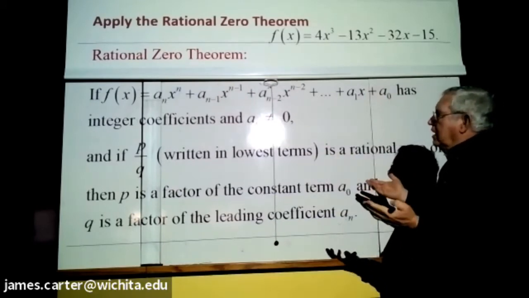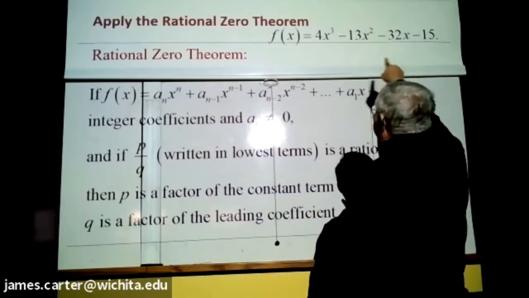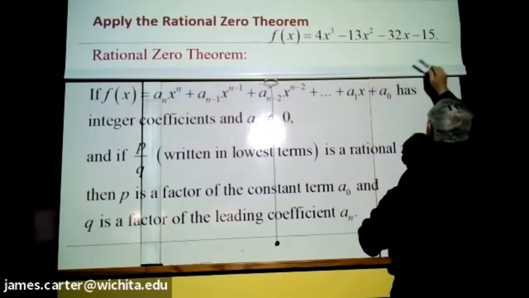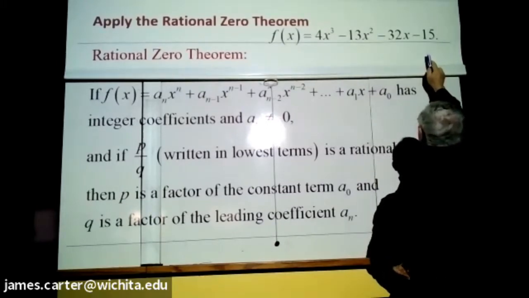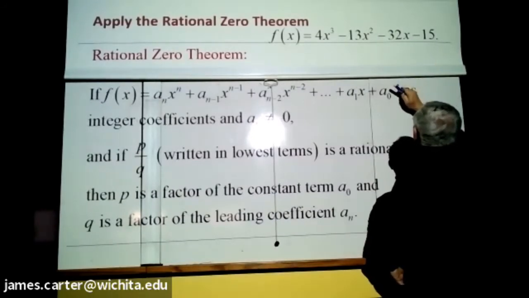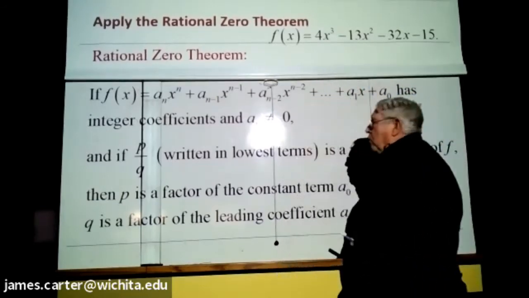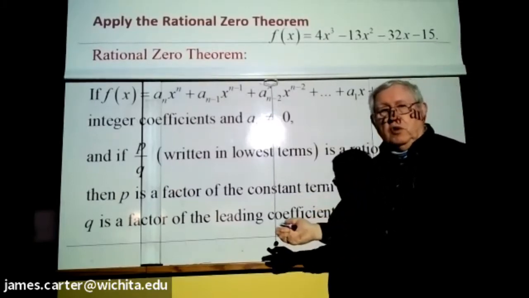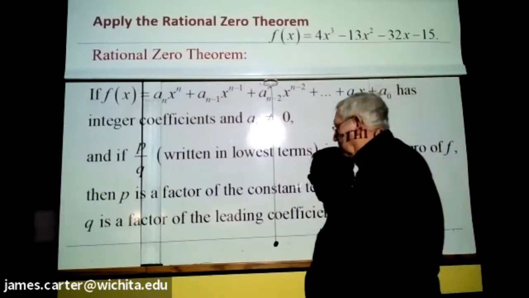So what we're saying in general is that if we want to know some 0 of that, by looking at this number, the factors of 15, positive or negative, 1, 3, 5, and 15 itself, and the factors of 4, 1, 2, and 4, using those numbers, we can explore all the possible zeros that could work for this problem.